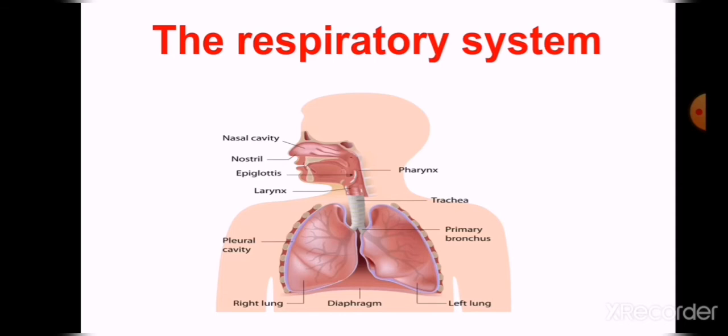So the function of the digestive system is to digest the food to make it digested food, and the respiratory system takes in, or breathes in, the oxygen gas.